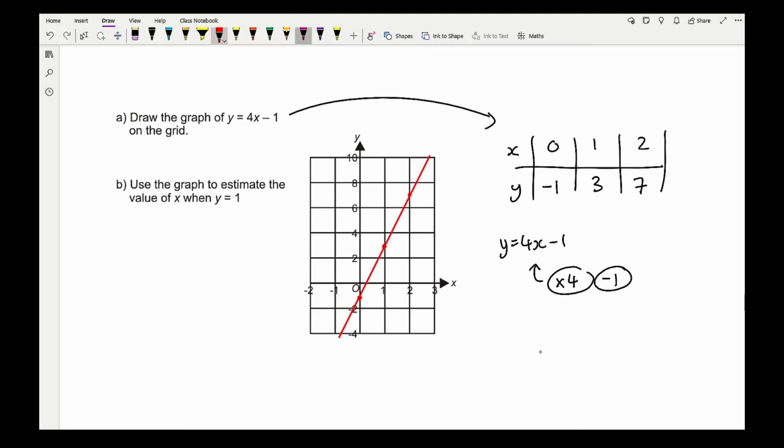Now y equals 1 is going to be a horizontal line through 1. So what I need to do is draw a horizontal line through 1. And what the question is asking me is, what is this number here going to be?